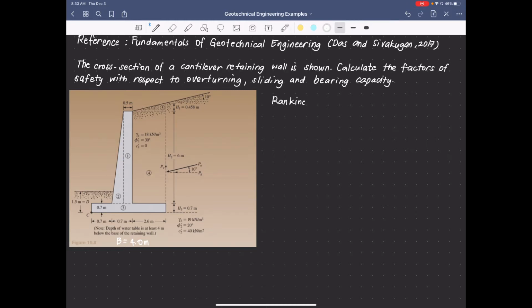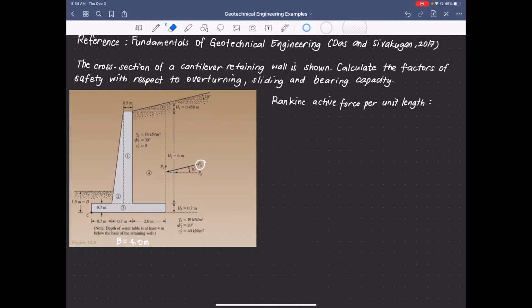Let me write. Okay, if we are going back to our figure, the Rankine active force is this one, P sub A. And since we have an inclined backfill, we have to consider an inclined active force.